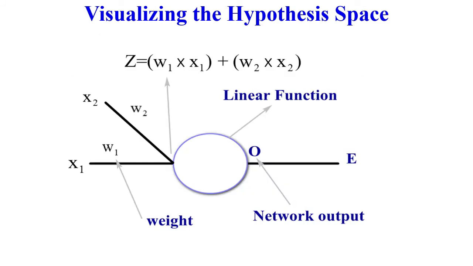Let us consider a simple neural network as shown in the figure. In the figure, every input training data is two-dimensional, denoted by x1 and x2. We have a weight value to be learned for each dimension, that is W1 and W2.